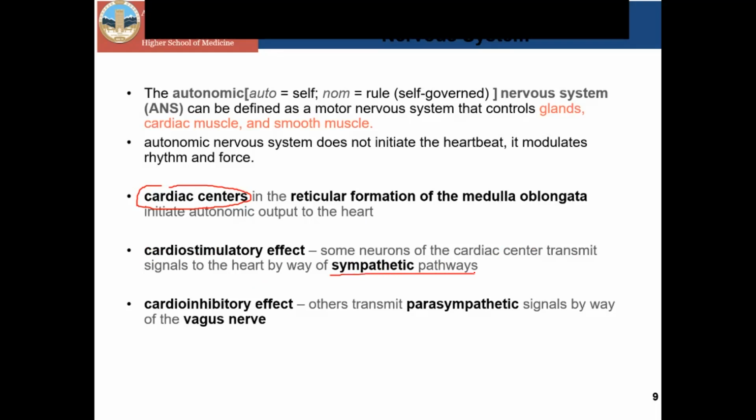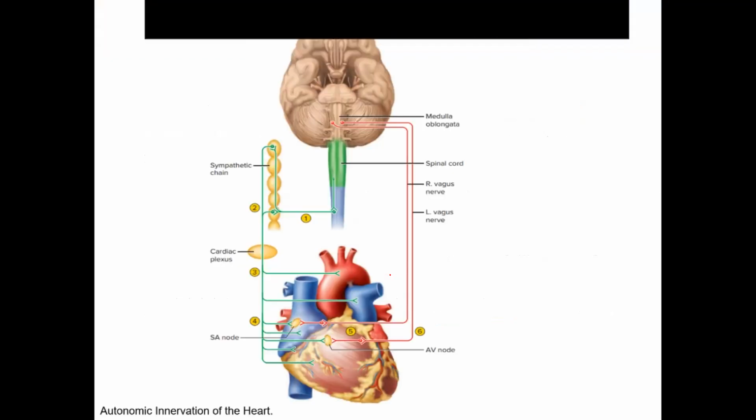Sympathetic pathways increase our heart working. Parasympathetic signals by the vagus nerve inhibit the cardiac effect, meaning they decrease heart working. Memorize it: sympathetic and parasympathetic signals.